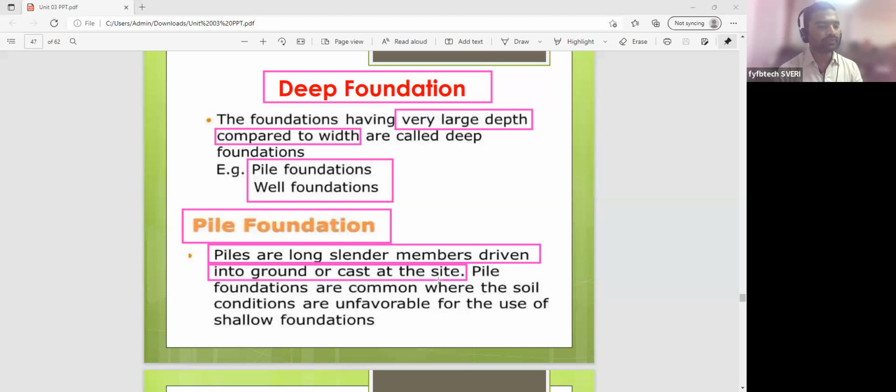Next line, read on. Pile foundations are common where the soil conditions are unfavorable for the use of shallow foundations.